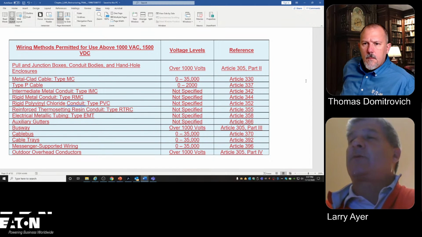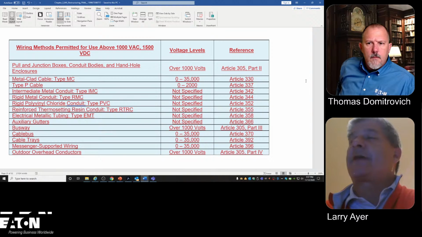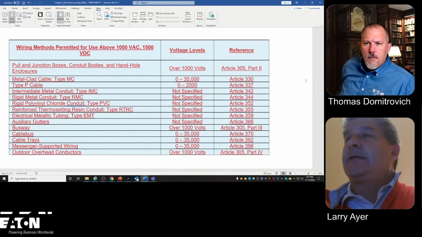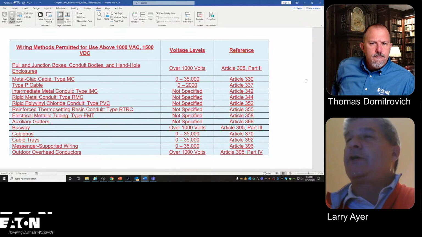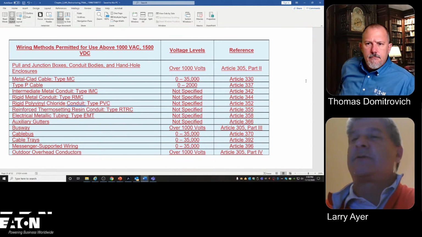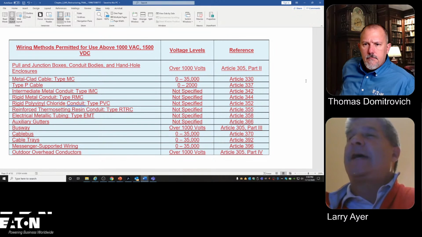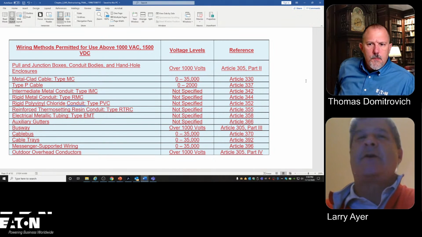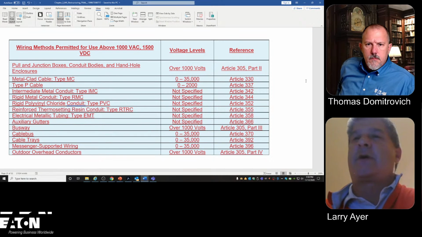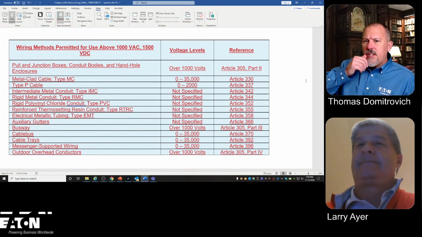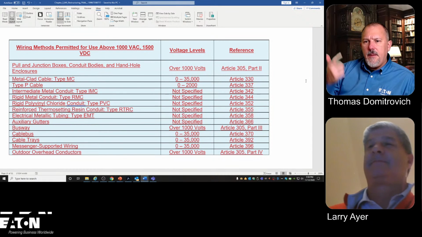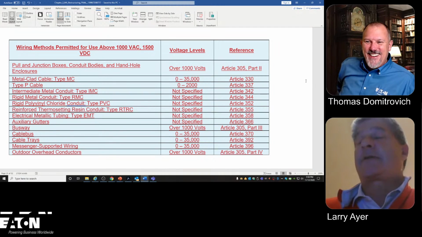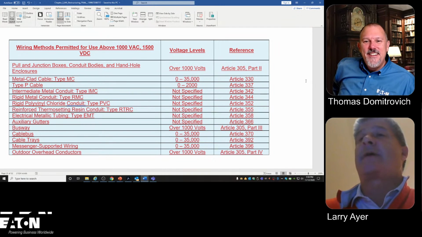If you go to busway, it is over 1,000 volts, and it tells you where you can find that. Cable bus is only good for 0 to 35,000 volts. And so we're hopeful that this table will give you some more guidance on where you can install these wiring methods. So when it says not specified, does that mean I could use it on 138 kV? That's correct. There is no voltage limitation on that wiring method.